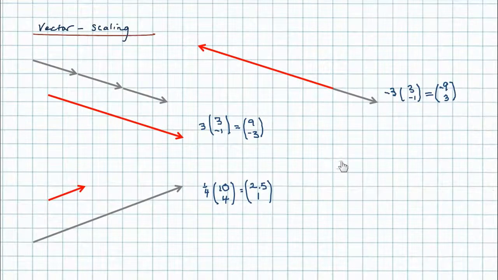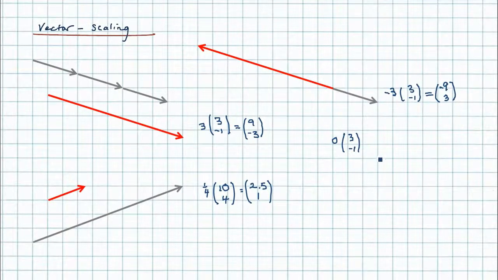Okay, finally, what I want to look at is something that we call the zero vector. And we get a zero vector when, and I don't think I'm going to draw it, I will simply write it down, we multiply by 0. So if we multiply by 0, let's keep the same numbers, so we've got 3, -1.